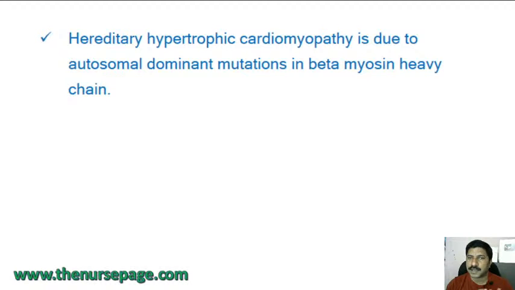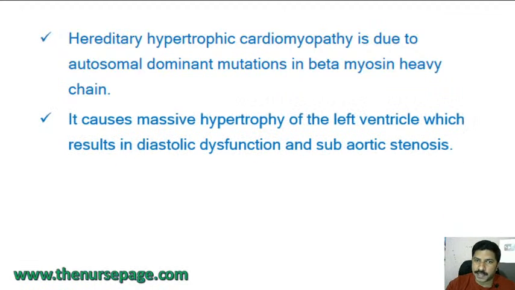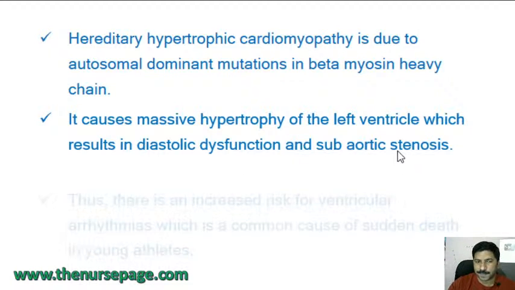In athletes, the left ventricle becomes hypertrophied because of the increased need for strong contractions. For the hereditary reason, the autosomal dominant mutation in beta myosin heavy chain causes massive hypertrophy of the left ventricle, which results in diastolic dysfunction and subaortic stenosis.